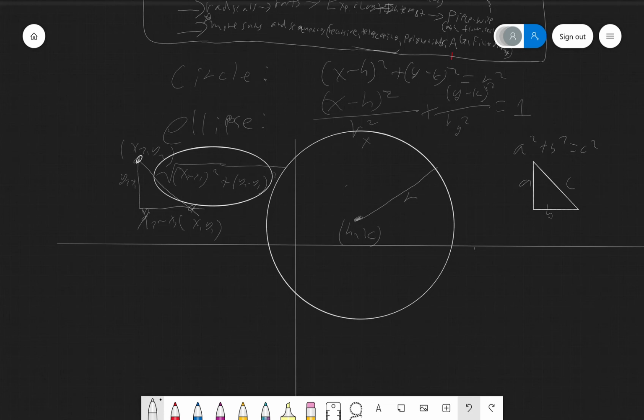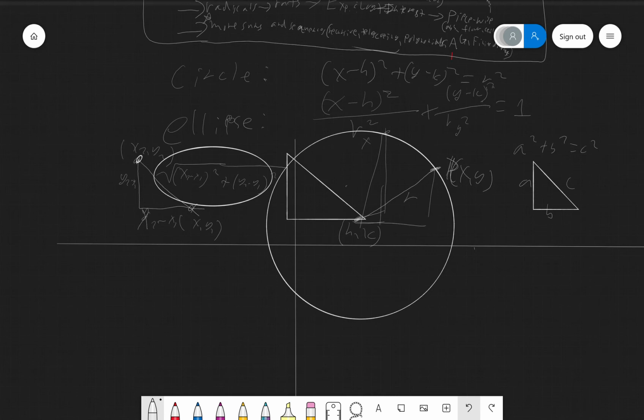We're finding all the points P, in the form x comma y, such that the distance from h comma k to x comma y is r. What that means is that we create a triangle like that, and there are many triangles. If the point is here we'd create one like that.